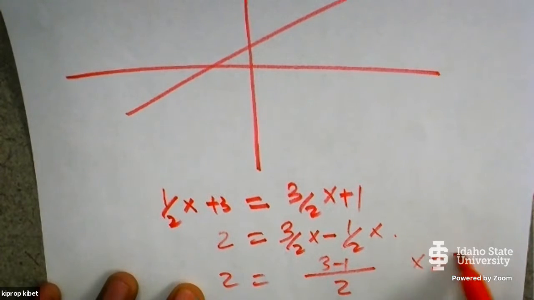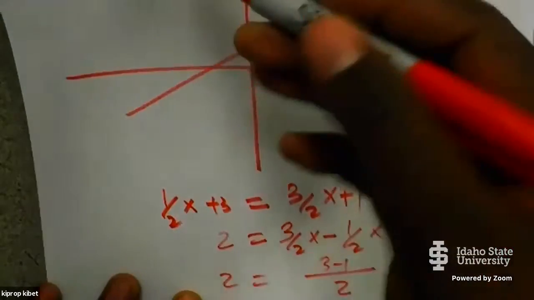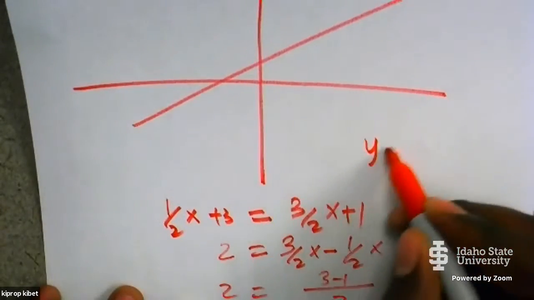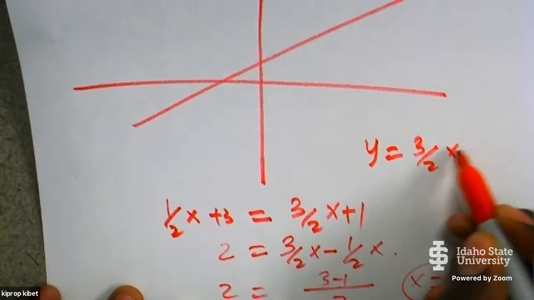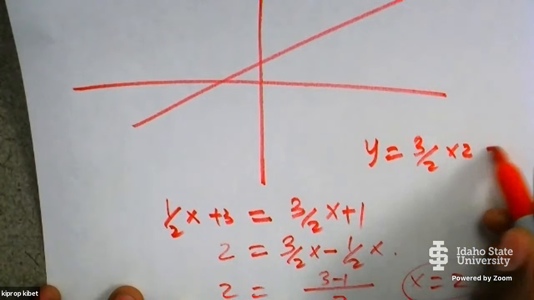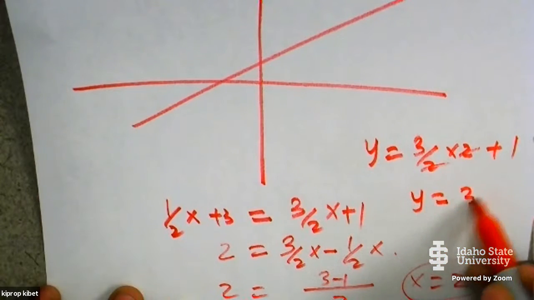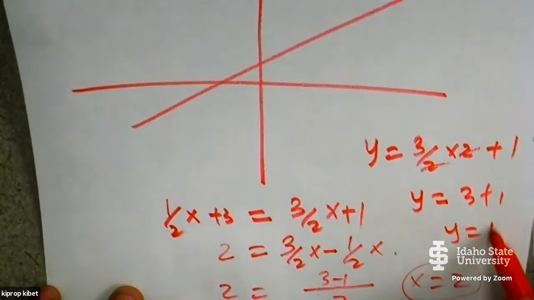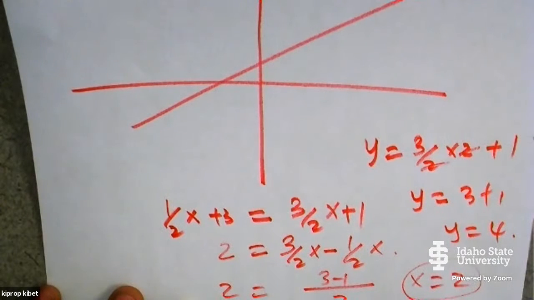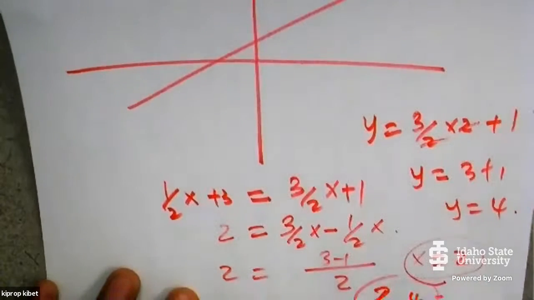So x equals 1. Then replace in any of them: y equals 3/2 times 2 plus 1, so y equals 3 plus 1, y equals 4. So we have the point (2, 4).